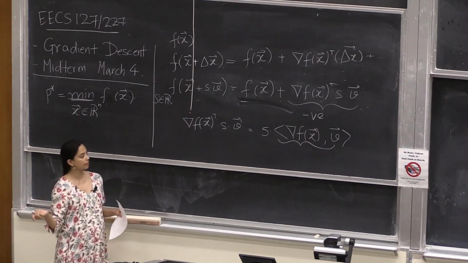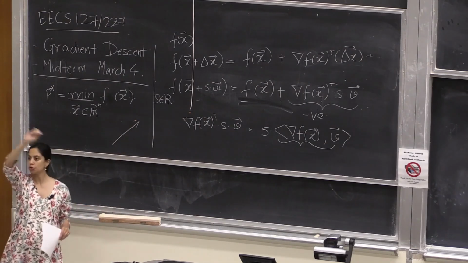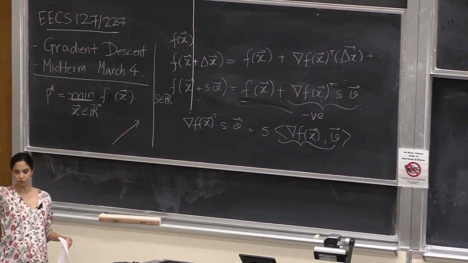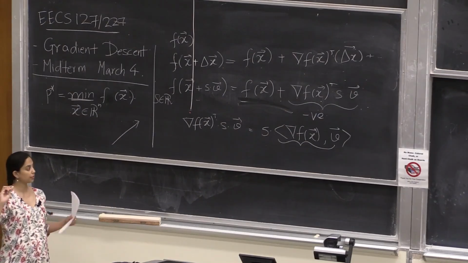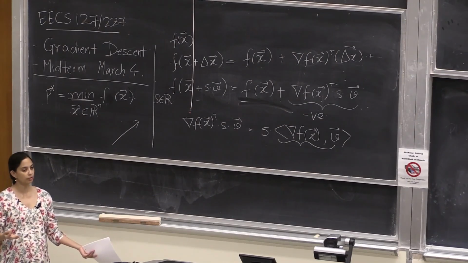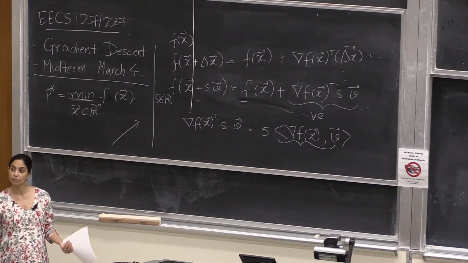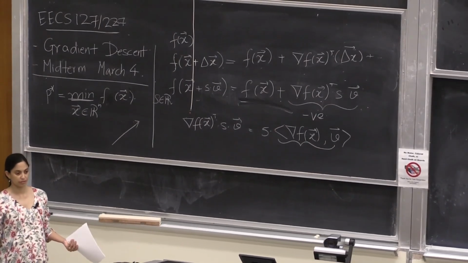So gradient of f of x is what it is. It's pointing in some direction, OK? And now I'm choosing a v. Let's just think of this in 2 dimensions, right? I'm choosing a v. And do I want to maximize the inner product with the gradient, or do I want to minimize the inner product with the gradient? What do I want to do? S is positive.